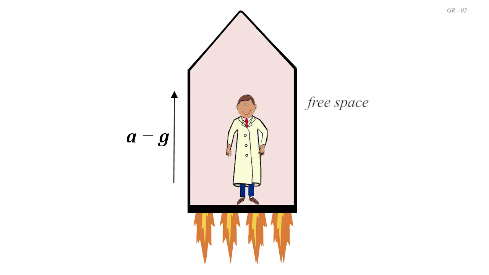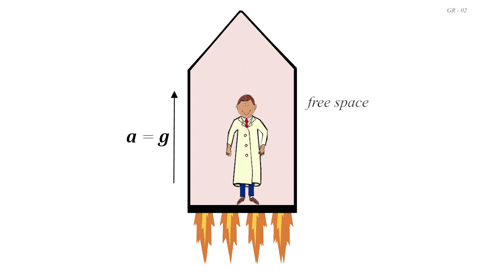In order to keep accelerating like this, there would have to be a continued force upwards on the person's feet. And the effect of this is that the person would feel as though they were being pressed to the floor by some kind of force, a bit like their weight on Earth, even though the only force involved here is the contact force upwards on their feet.